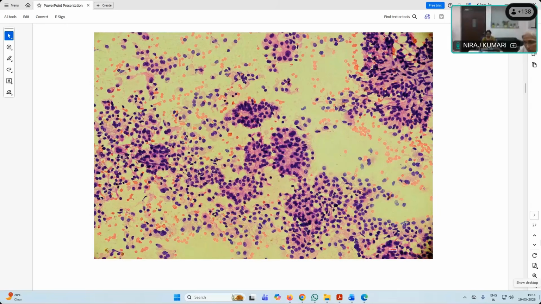There you see mostly discohesive cells, large cells with prominent nucleoli, and some lymphoid infiltrate admixed with that. So the prominent nucleoli is very classical, and you see loosely dispersed cells, not papillary structures. Here you can nicely see a very well-defined core, isn't it? Cells arranged around that fibrovascular core.